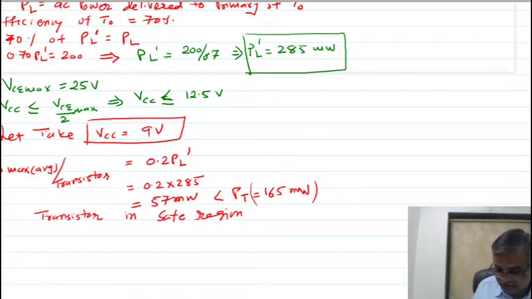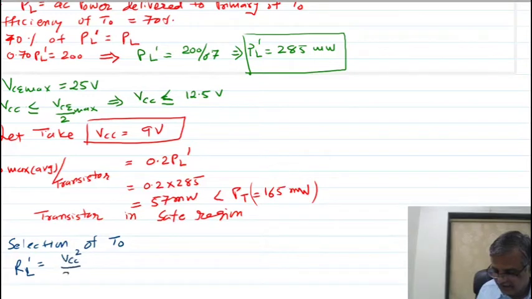Now let us see the selection of the output transformer. How are you selecting the output transformer? For that, I am discussing. You know RL dash is given by VCC square by 2 PL dash.